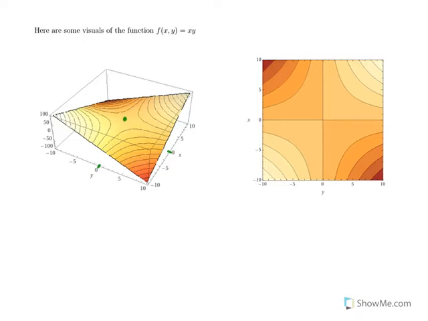We can see that this is kind of a min in that direction. It looks like the kind of bottom of a valley. And it is a maximum in the other direction, as it looks kind of like the top of a parabola, top of a mountain there in that direction.